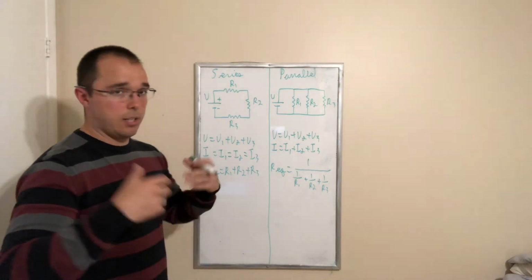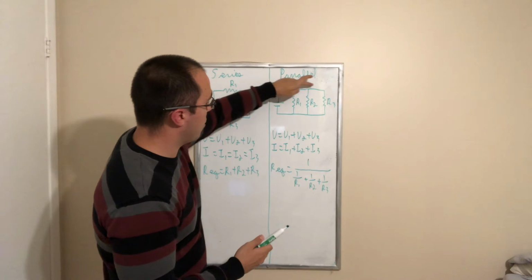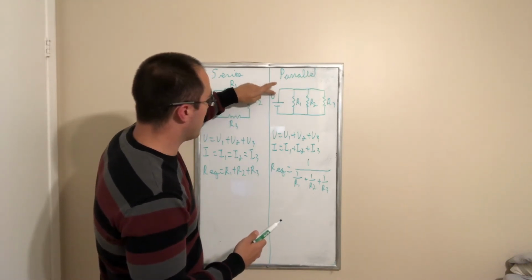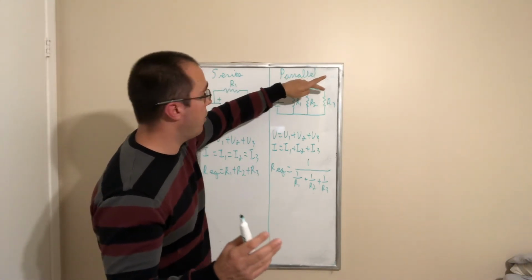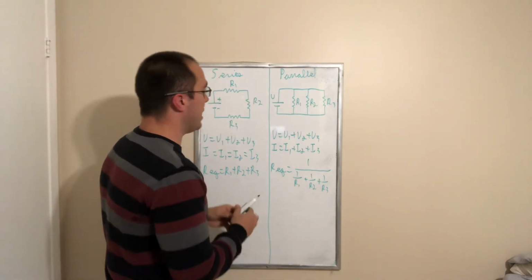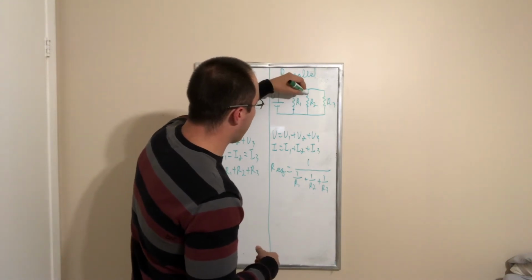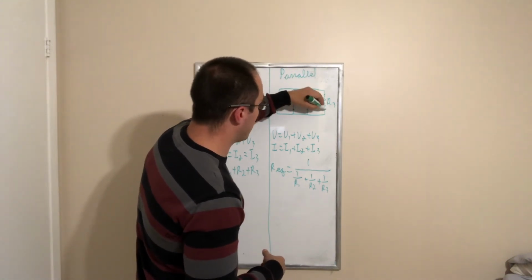That creates an interesting situation because if you look, the voltage across this wire over here does not change. There's no voltage drop in the wire. The voltage across this wire is also the same. That means across all the resistors, we have exactly the same voltage drop.